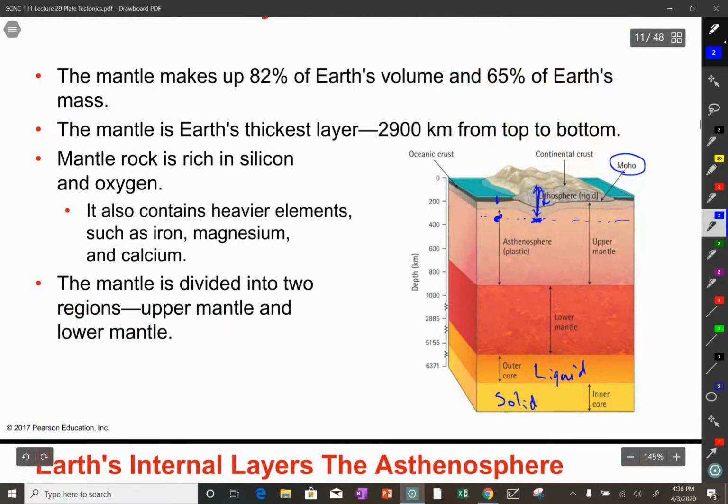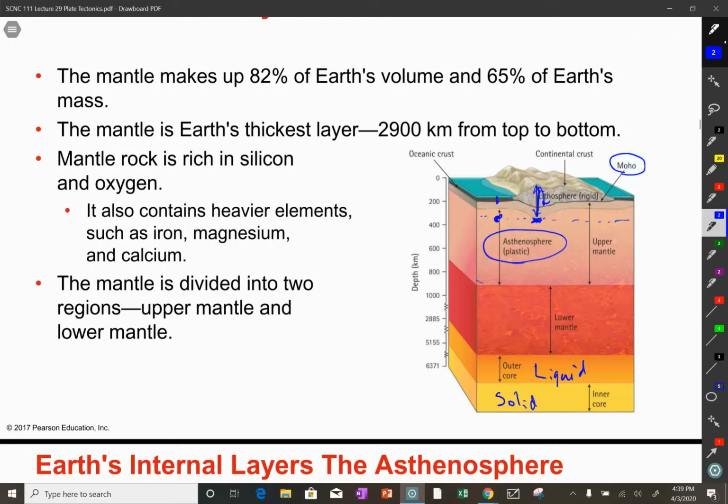The mantle here, notice, is divided into two regions, the upper mantle and the lower mantle. And the difference in the mantle is, notice it says asthenos or plastic. Plastic means it can be deformed. And so it's kind of solid, but it can be squished around. And so the asthenosphere is the deformable region on which the lithosphere, the top region, flows.